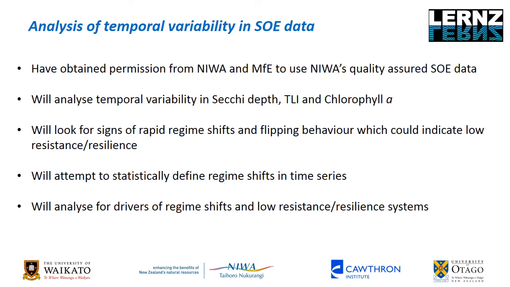And we're attempting to statistically define these regime shifts in time series, and we'll analyze for drivers of regime shifts and low resistance and resilience systems. So once we have these different time series classified into different types of behaviors, we'll try and understand what the underlying mechanisms are that cause them to behave the way they do.